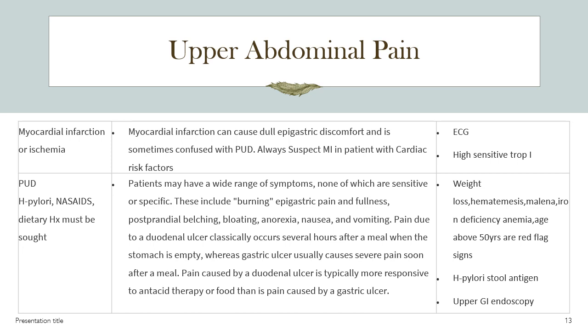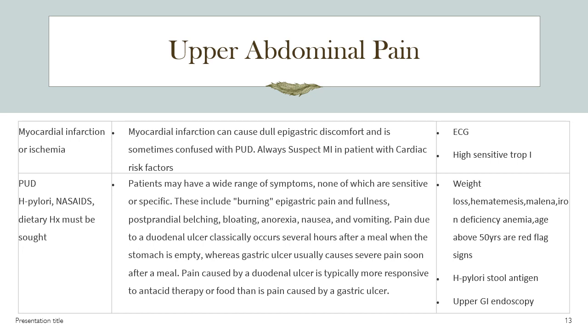If the patient has dull epigastric pain that is not settling, with sweating, anxiety, a sensation of impending doom, and vomiting, then rule out myocardial infarction first. Send an ECG and a high-sensitivity troponin profile.